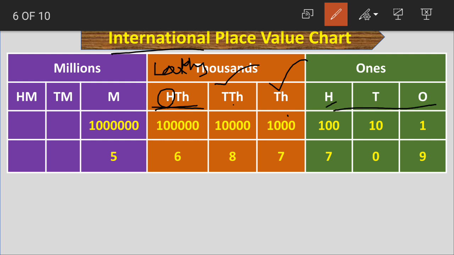they follow this ones, tens, hundreds rule for every period. Like this is ones, this is tens, 10,000, and this is hundreds, hundred thousand. Again here this is million, which is nothing but ones, 10 million, which is tens, 100 millions in hundreds style. See, ones, tens, hundreds, ones, tens, hundreds, and then ones, tens, hundreds here also.